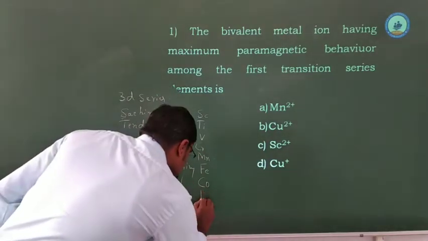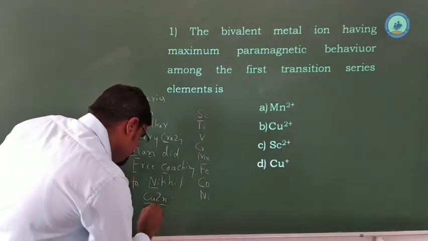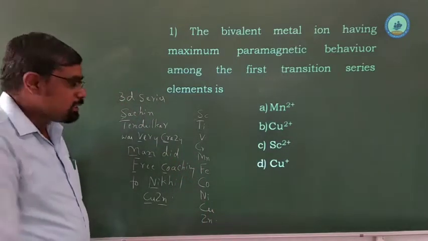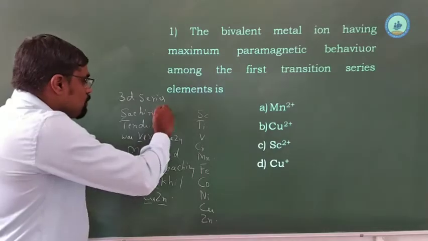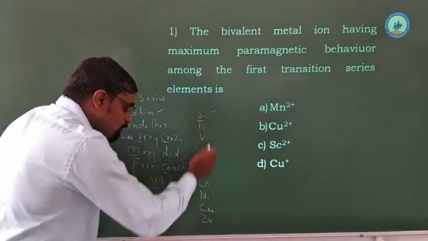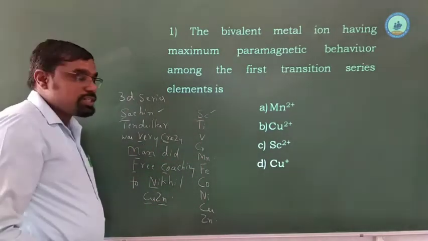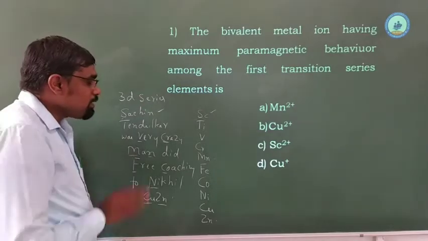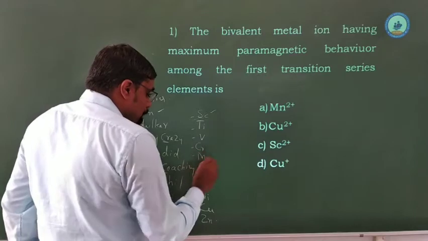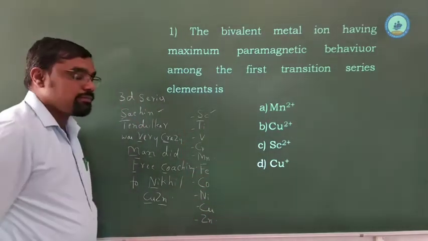Here we have taken two letters, nickel, and then cousin, Cu we write, and Zn. Easily you can write that. So don't forget this code. If you know these elements, easily you can answer many of the questions from this chapter. So scandium, titanium, vanadium, chromium, manganese, iron, cobalt, nickel, copper, zinc.